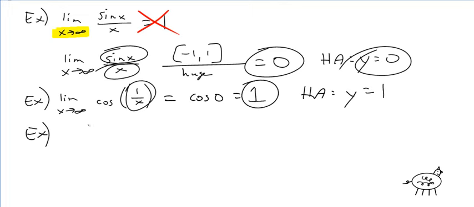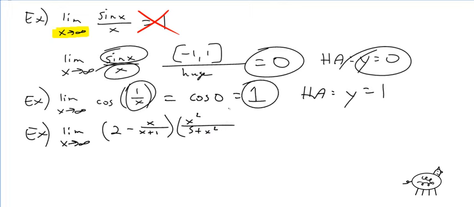Here's another example. Limit as x approaches infinity of (2 minus x over x plus 1) times (x squared over 5 plus x squared). This kind of looks complicated, but we can break it up a little bit, math fans. First of all, the 2 stays the same. Do you agree with that? So the 2 is itself.